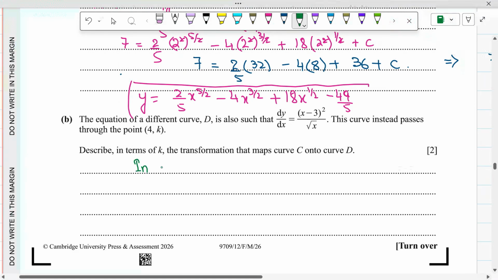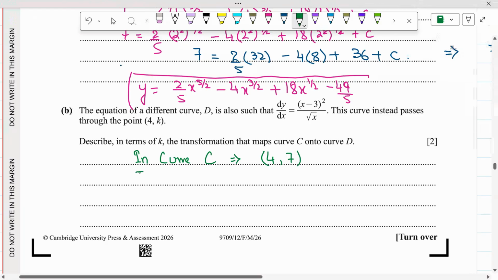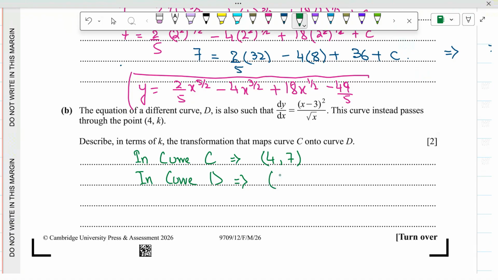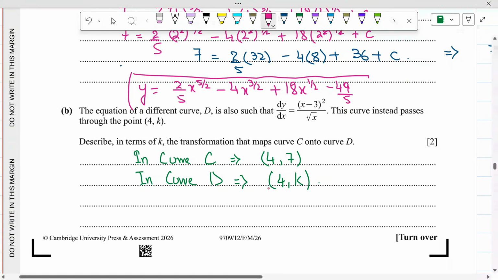In curve C, the point was (4, 7), and in curve D, the point is (4, k). So there is no change in the x coordinate or horizontal direction. There is only a change in the vertical direction, or you can say there is a change in the y axis.